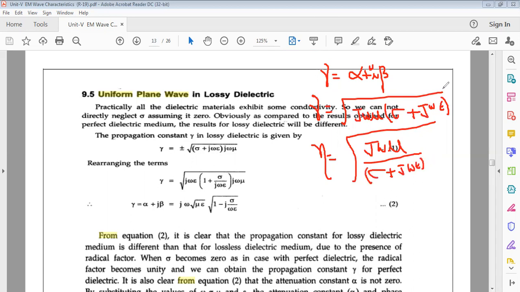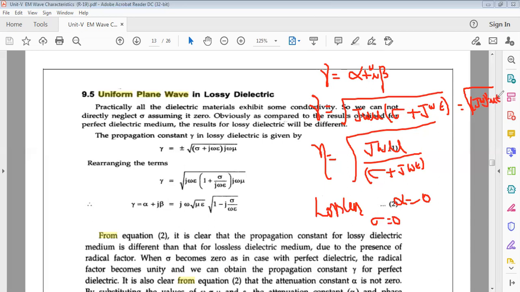For the lossless dielectric, we already know that alpha is equal to 0. Lossless means the conductivity is 0. When conductivity is 0, gamma becomes the square root of j omega whole square into mu into epsilon.